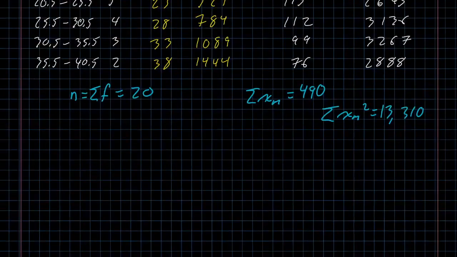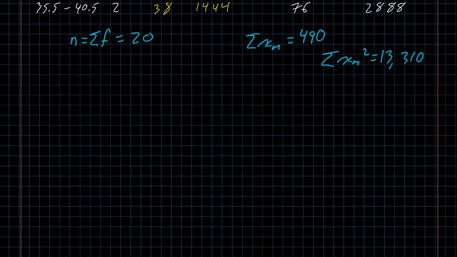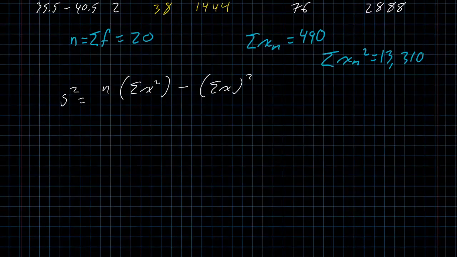I can get the whole table out of the way, and all I need is those 3 summary numbers and the shortcut formula. s squared is n times sigma x squared minus sigma x, the whole thing squared, all over n times n minus 1.